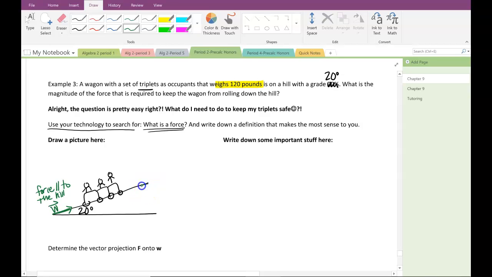Then we will also give this vector right here, let's call it V, vector V. Vector V is the force causing the wagon to roll. Okay, so there's a force that's parallel to the hill, there's a force that's causing the wagon to roll. So let's write that down.